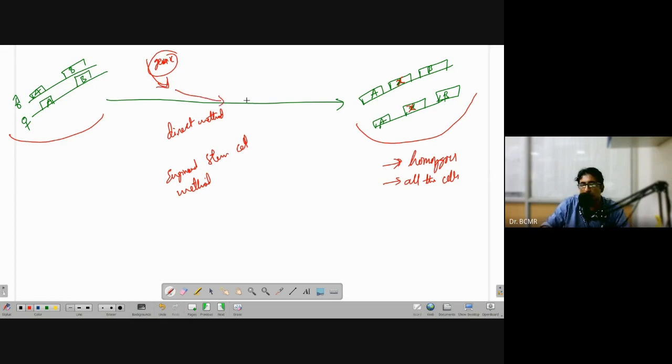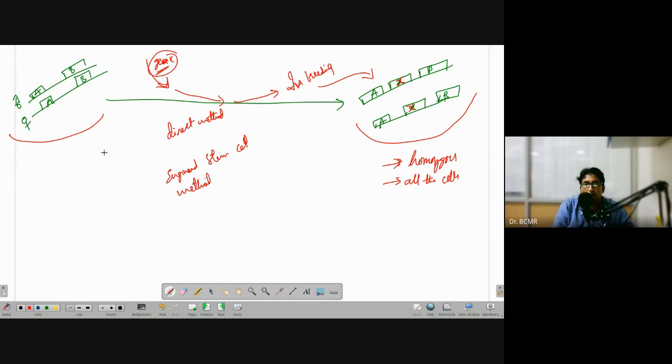Those that have integrated, you take them. Because we are giving only one copy, it might integrate only one copy. We should make it homozygous, so we should perform inbreeding and keep inbreeding until we get a homozygous one.